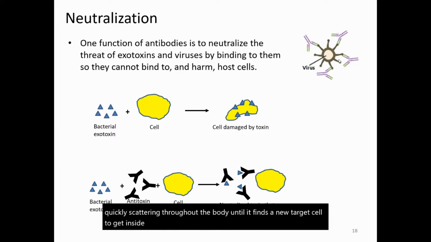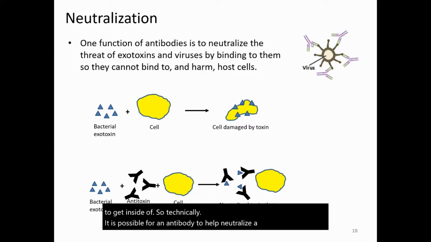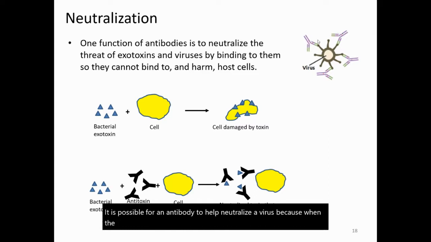So technically, it is possible for an antibody to help neutralize a virus because when the antibody binds to these spike proteins, like you see up here, that means these spike proteins cannot bind to a new host cell. So that means this virus won't be able to get inside of a cell and kill it, okay?